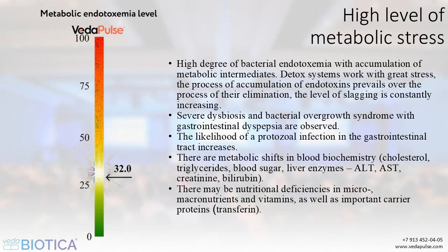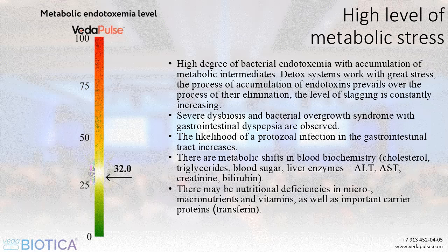But if this index is in the orange-red zone, then one can speak of leaky gut syndrome, as we usually use the term. And here, of course, this bacterial endotoxemia already creates strain on the detoxification systems. Most likely, in the biochemical blood test of such a patient, ALT and AST transaminases will be elevated, showing strain of function, and so on.